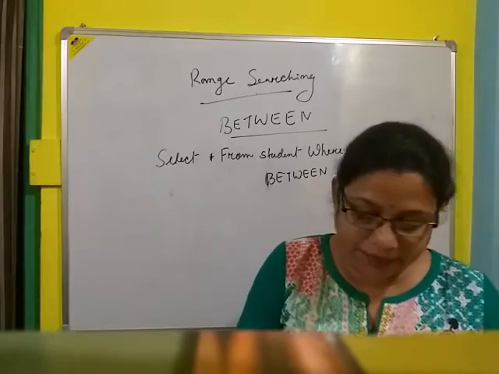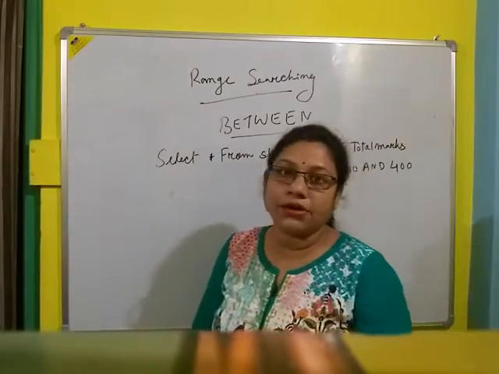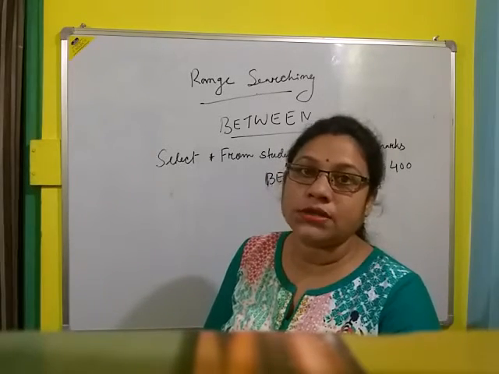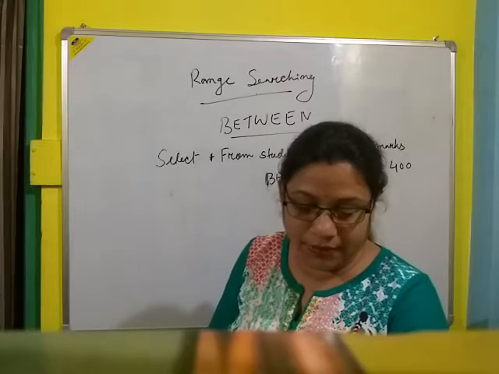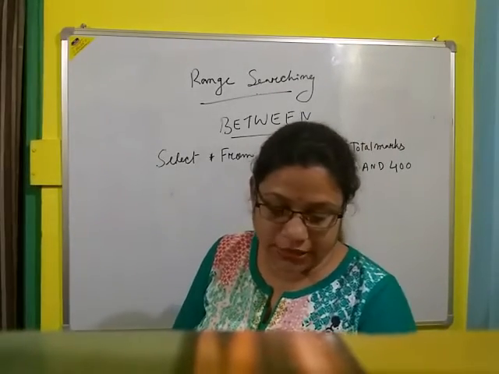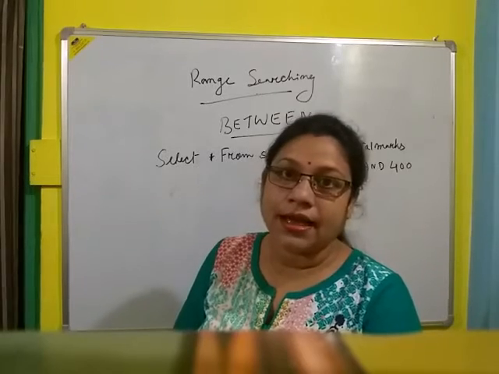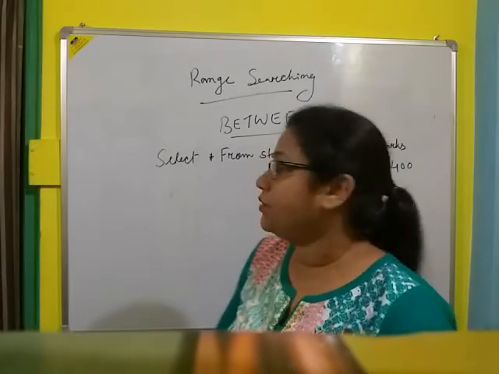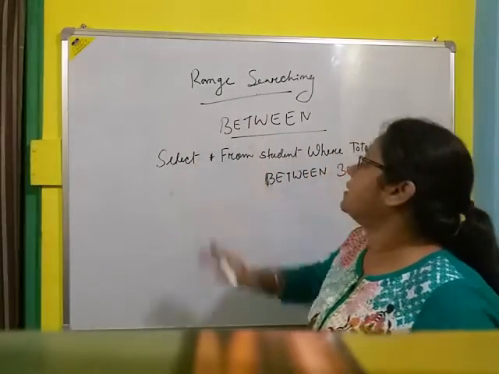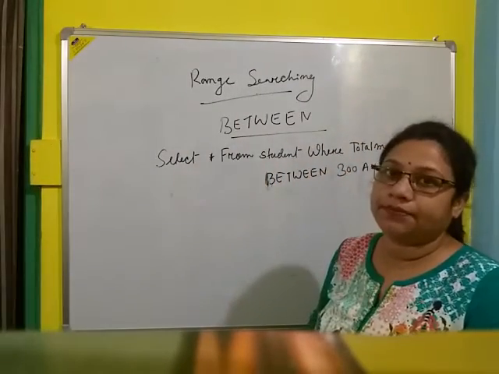So that's why in figure number 12.27 you can notice only two rows are selected, that is row number 4 and row number 8, because the total marks are between 300 to 400. Okay, so this is known as range searching.